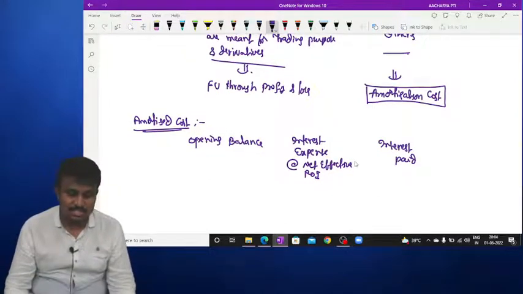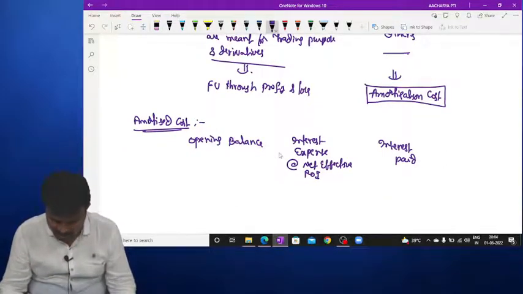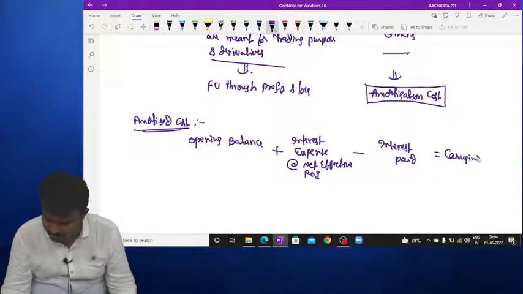On the last day, at the time of maturity, along with interest we need to pay the redemption value also. So opening balance plus interest expense minus interest paid is said to be the carrying amount.